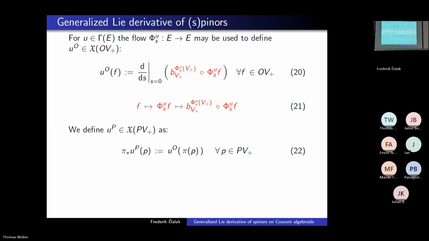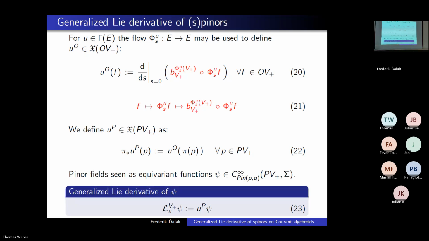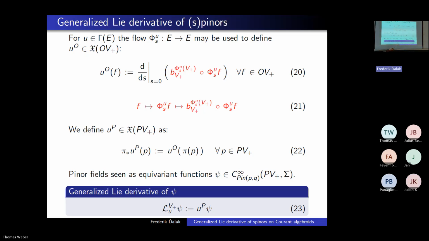And now you can uniquely lift it against the surjective map from the pin bundle to your orthonormal frame bundle to obtain the vector field UP, which you are looking to construct. And then once again, if you see your pin field as the equivariant function on the pin bundle, then you can just act with this vector field UP on it, and that provides you with the result of your Lie derivative. So, this is how things may be translated onto Courant algebroids.